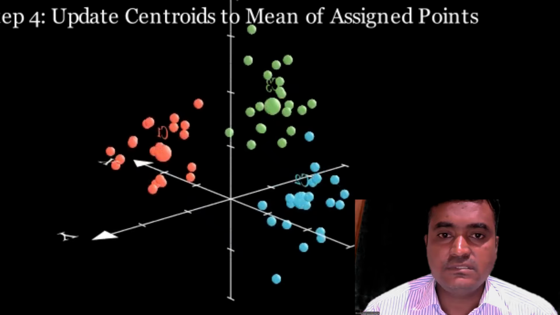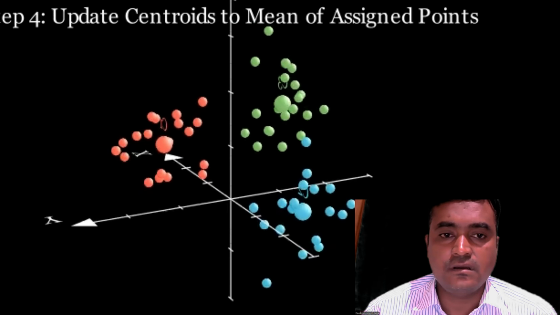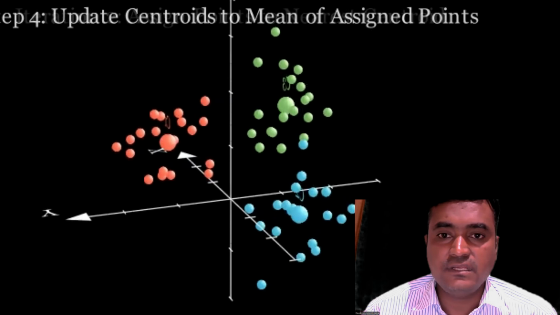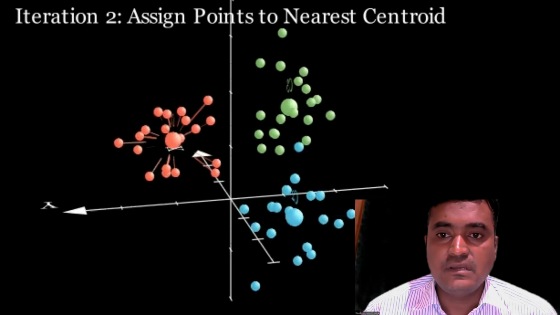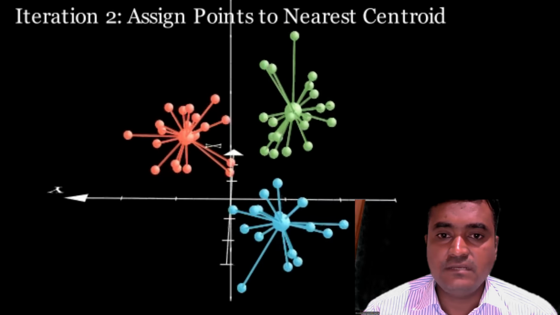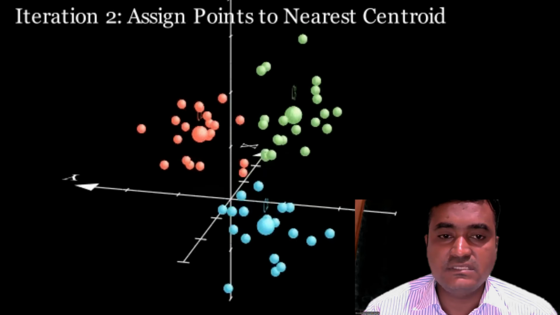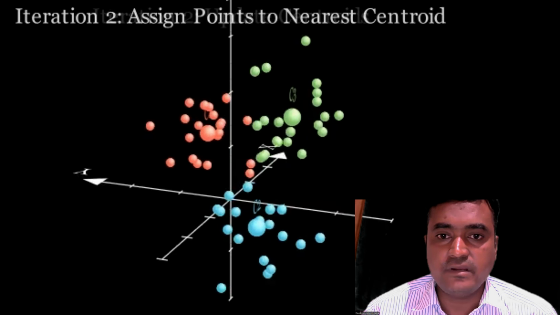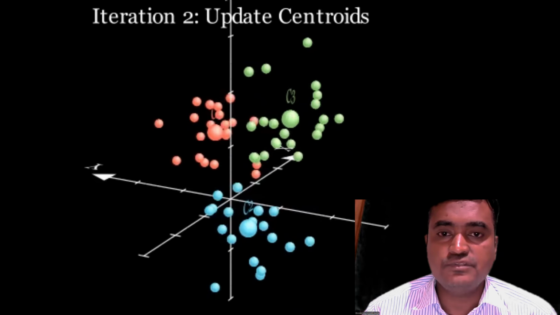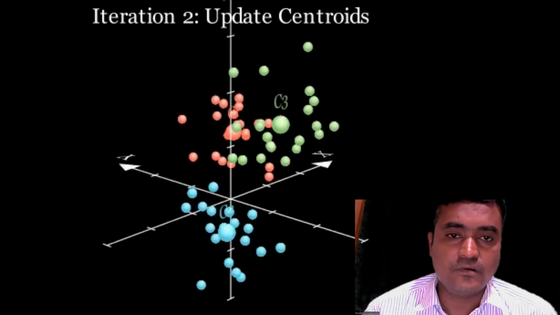There are about 20 points around the coordinates 1, 1, 1, another 20 near -1, -1, 0, and the last 20 around 0, -1, 1.5. But the algorithm doesn't know this yet. All it sees are 60 unlabeled gray points floating around. The algorithm's job is to figure out that these groups exist and organize them.